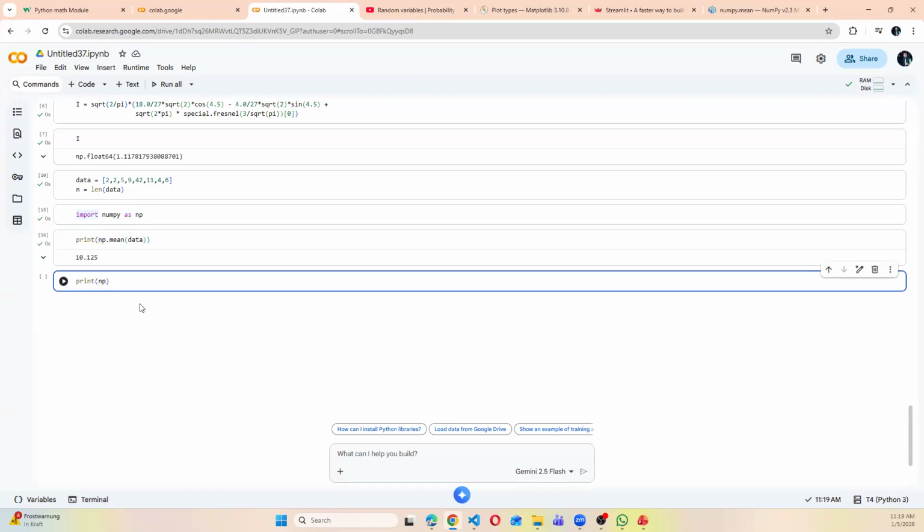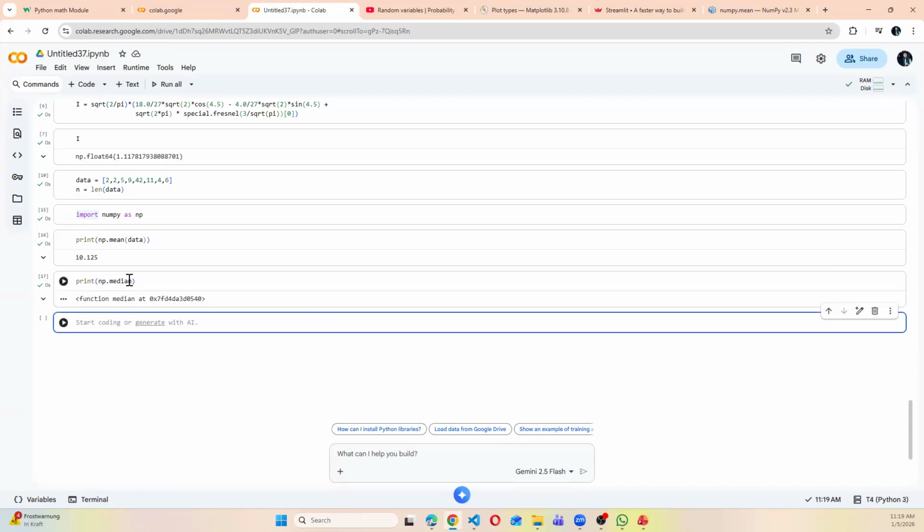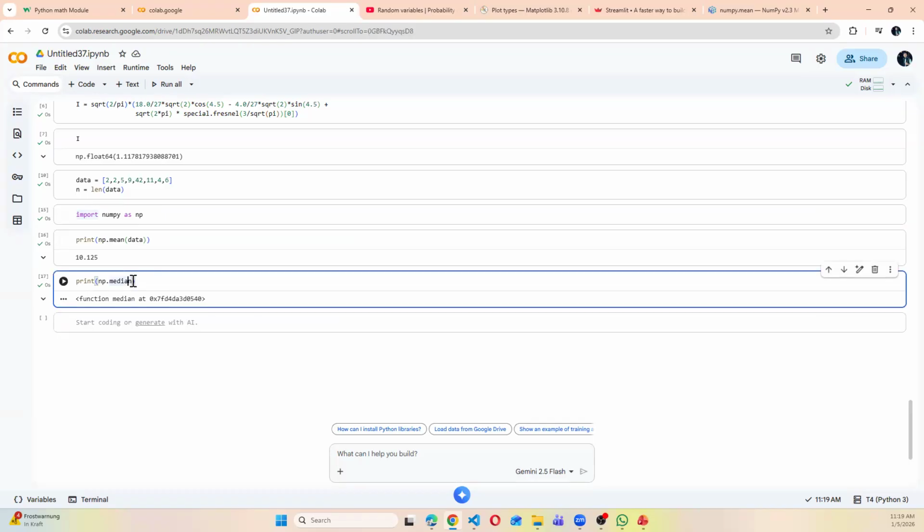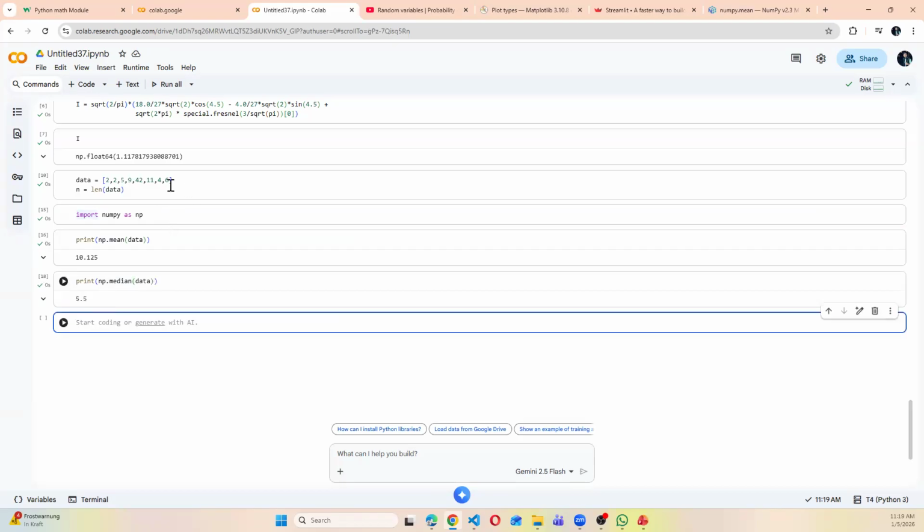NP dot median. You can see, okay, of what? Median of my data. So I will give my data. It's like 5.5. It should be even: 2, 6, 6, 8, and yeah, it's an even number. So it gives you the median of two numbers: it will add and divide by 2. So it is 5.5.